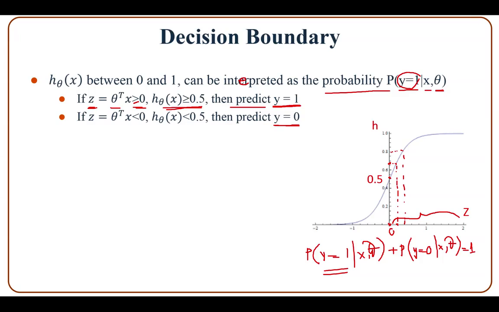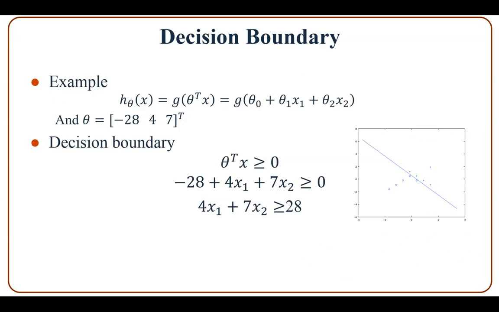With values of z greater than 0, the sigmoid function is greater than 0.5, and here we predict that y equals 1. The probability of y equal to 1 and the probability of y equal to 0 sum to 1.